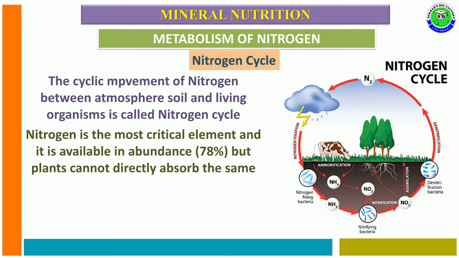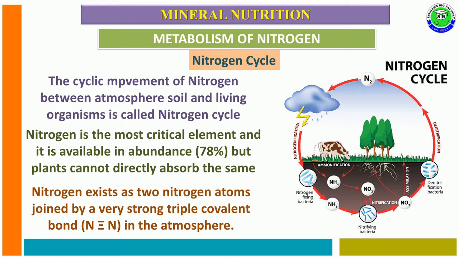Nitrogen is the most important critical element and it is the most abundantly available in the atmosphere, nearly 78%. But plants and animals do not have the ability to uptake or absorb the nitrogen present in the atmosphere directly.